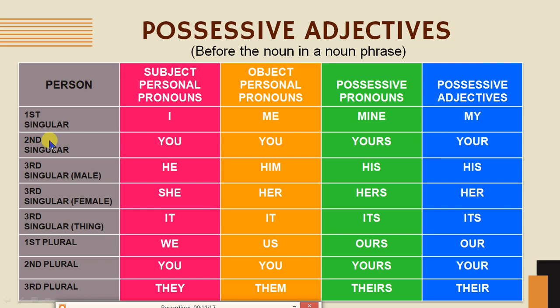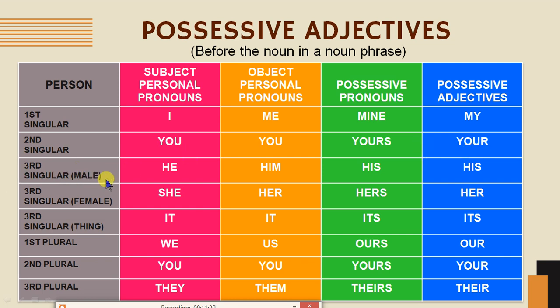Fine. Next move, second singular. When we're talking about SPR, subject personal pronoun, it used to be you. When it converts to OPR, object personal pronoun, it used to be you. And when talking about possessive pronoun, it's yours. And possessive adjective, we will use your.